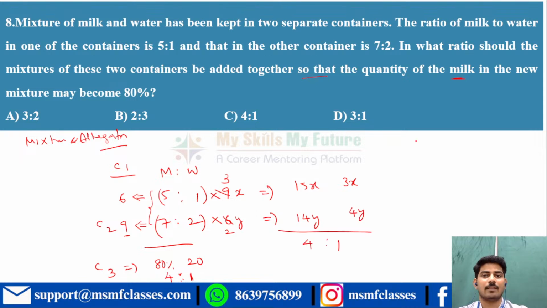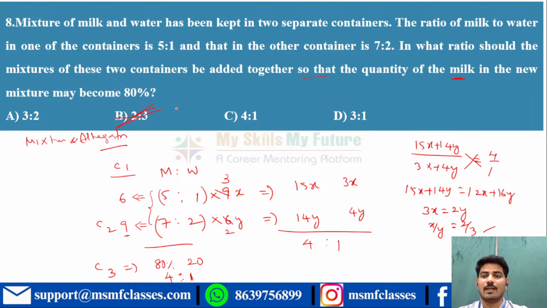So (15x plus 14y) divided by (3x plus 4y) equals 4/1. Cross multiplying, 15x plus 14y equals 12x plus 16y. Rearranging, 3x equals 2y, and then x by y equals 2/3. x by y equals 2/3, which is present in the second option. So the correct answer for this problem is option B.